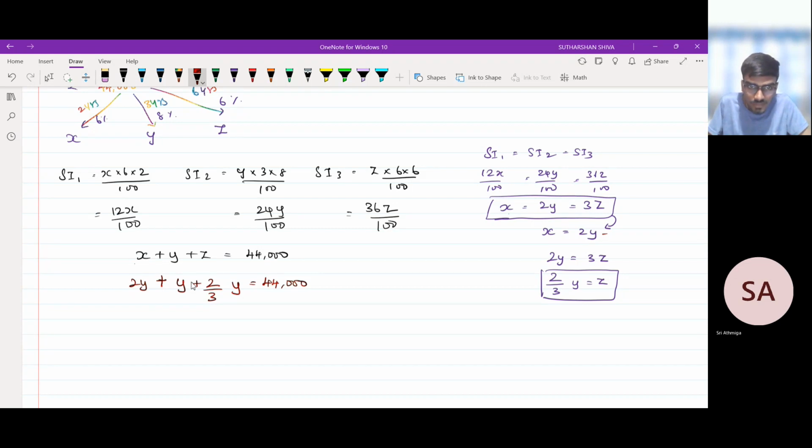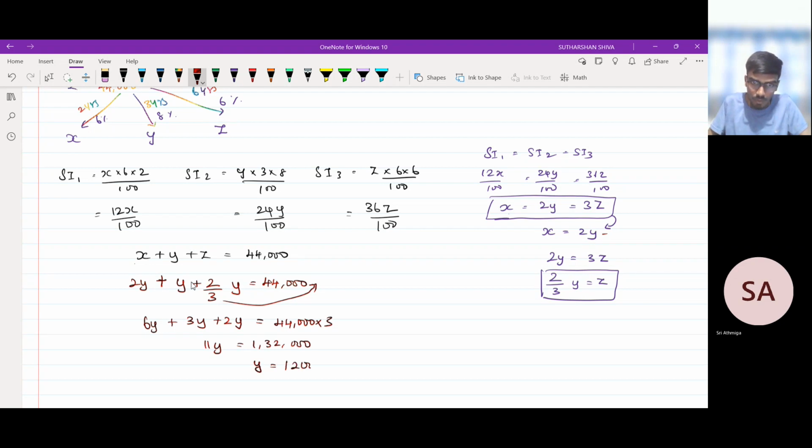Now I multiply with 3: 6y plus 3y plus 2y equal to 44,000, and this 3 goes to that side multiplied by 3. So 11y is equal to 1,32,000. Therefore, y is equal to 12,000.